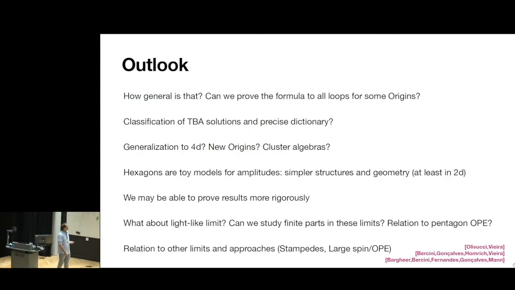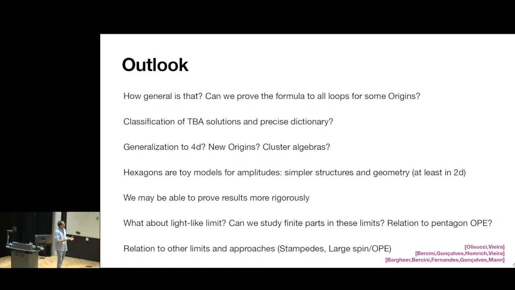What we don't have yet is a complete dictionary and a lot of evidence, I would say proof maybe, that this is correct. Because as you go to generic n, you get plenty of origins. You need to put them in correspondence with some TBA, some saddle point of the TBA equation, and show that this is going to reproduce the actual result.